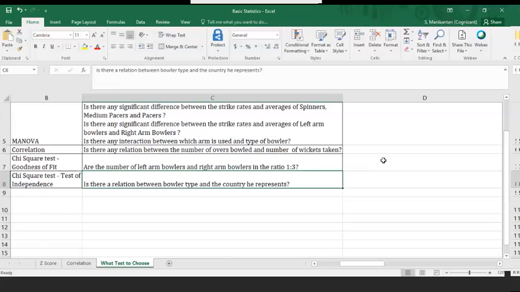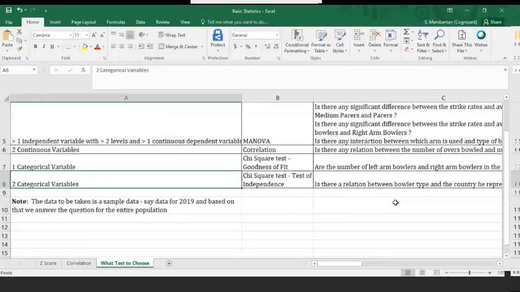The number of spinners are evenly spread across all countries, and so on. If they are not independent, what I would likely see is there are a lot of spinners in subcontinental countries, India, Pakistan, and Sri Lanka. There are a lot of pacers in Australia, South Africa, New Zealand. This is what I would see if these two were not independent.